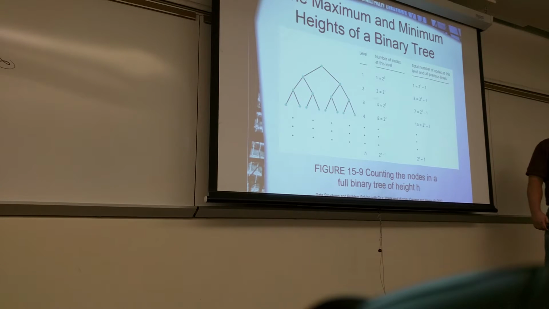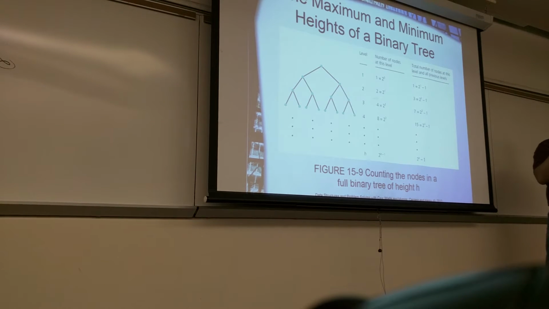Okay, so we got that. So just like the quiz, if I have 5 levels, how many nodes can I hold in a 5-level binary tree? First off, level 5, 2 to the 5th is 32.